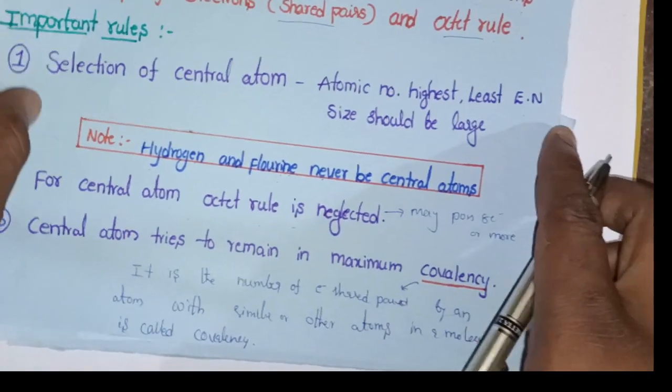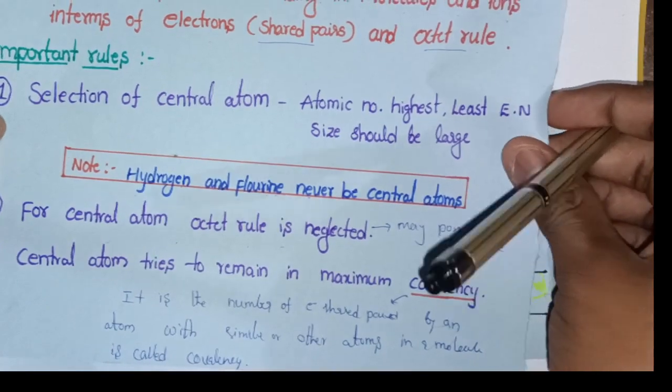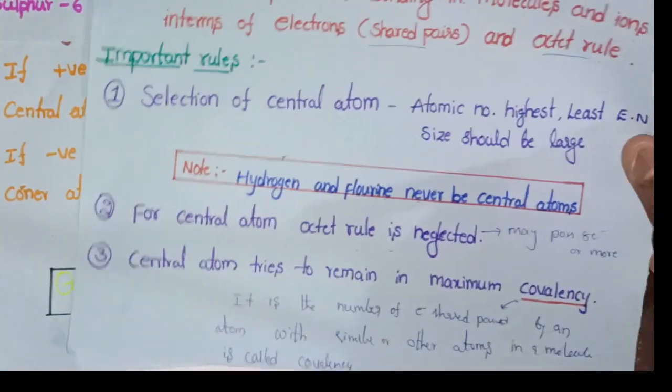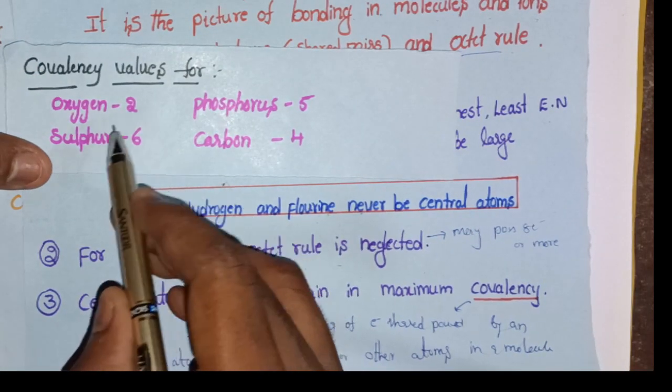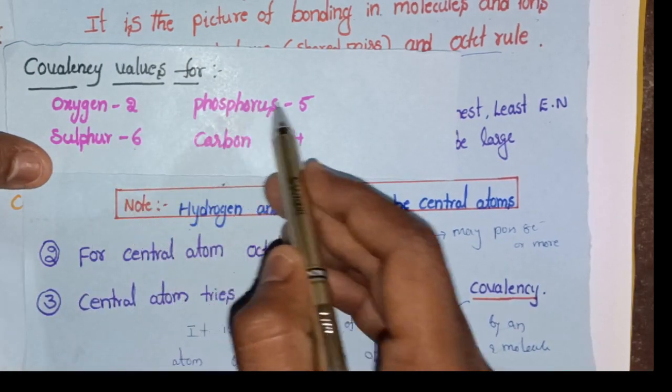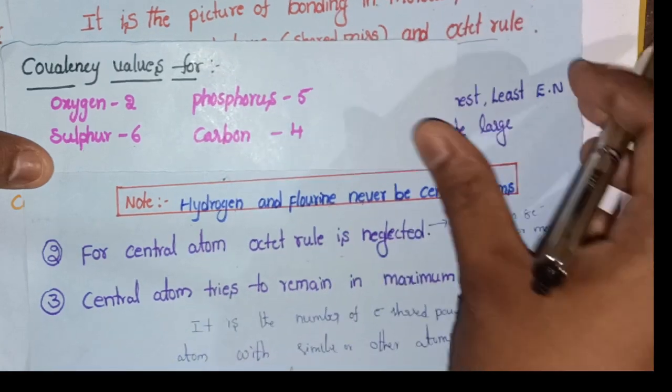Let's see some examples for covalency. The covalency of oxygen is 2, sulfur 6, phosphorus 5, carbon 4.